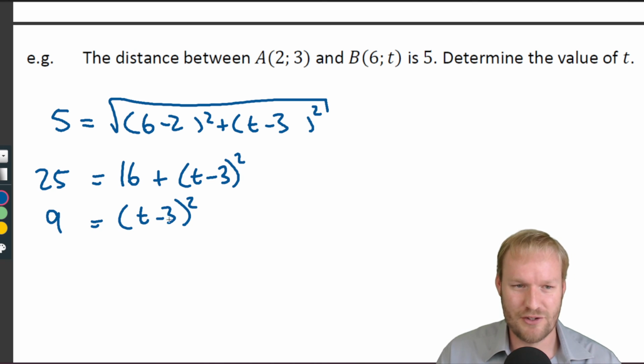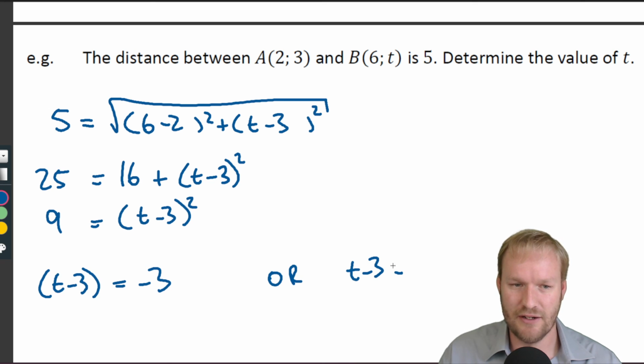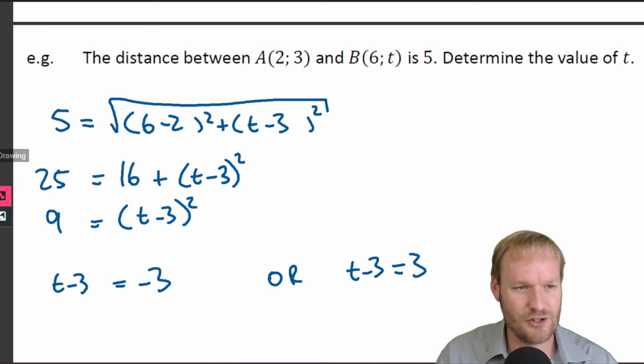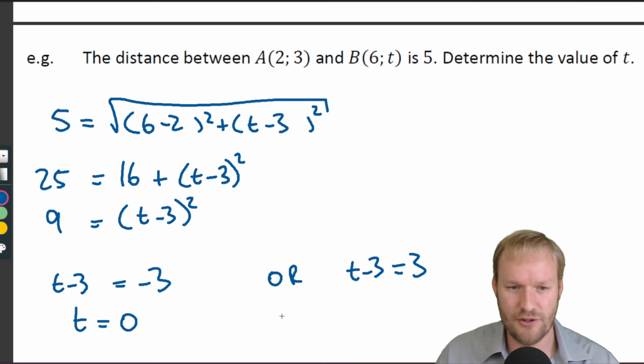Now I know that the square root of this must be one of two options. Either t minus 3 must be negative 3, or t minus 3 must be positive 3. Because remember, if you're squaring either of those, you'll get 9. These brackets aren't giving us too much, so add 3 to both sides: t equals 0, or our second solution, t equals 6.